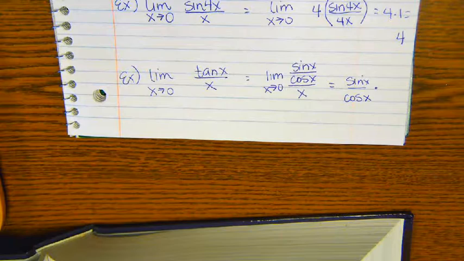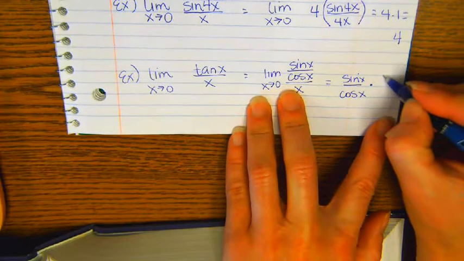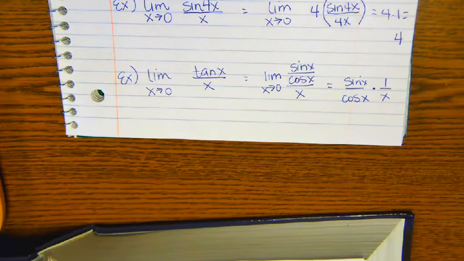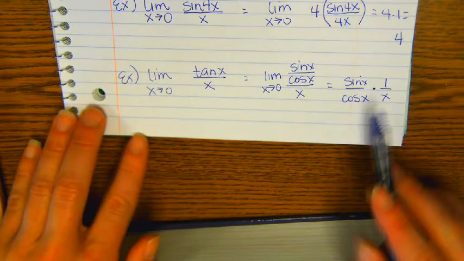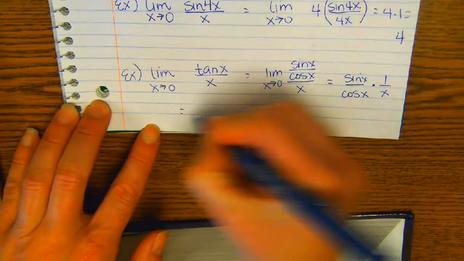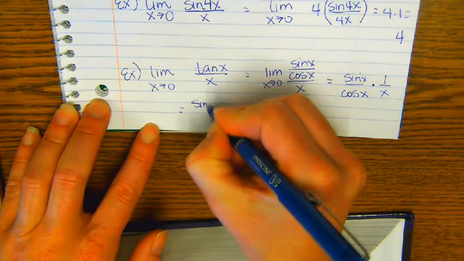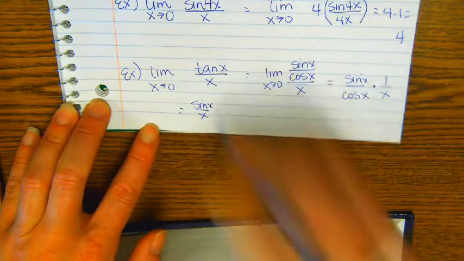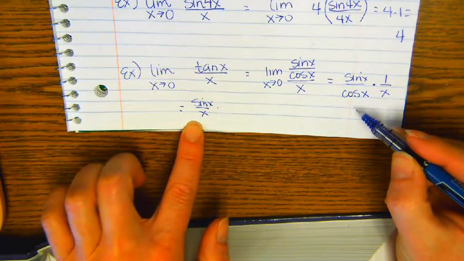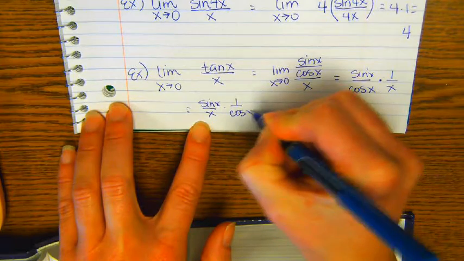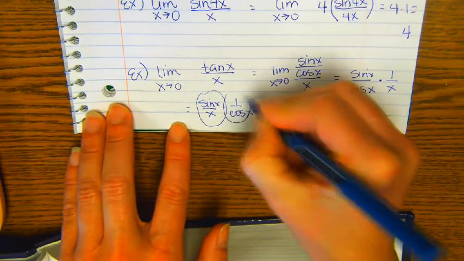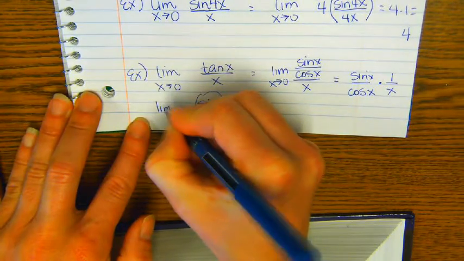Yeah. Okay. Are you okay with me doing some rearranging? I'm going to just rearrange the order. So I'm going to put sine of x over x over here. Are you okay with that? And I'm going to do 1 over cosine x over here. And I'm going to just kind of look at these things individually. Remember, this is the limit as x goes to 0.